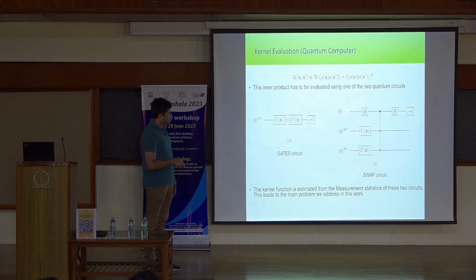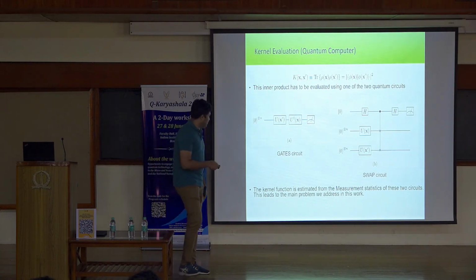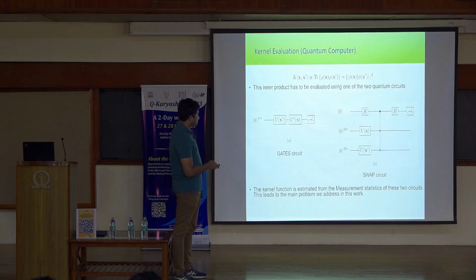And very importantly, the kernel function has to be estimated from the measurement statistics of these circuits. You don't directly get to evaluate this. In quantum computing, you have to do measurements again and again. That introduces a new problem that was not there in the classical setting. Depending on the amount of precision you want in the kernel, you will have to evaluate more number of times, right?